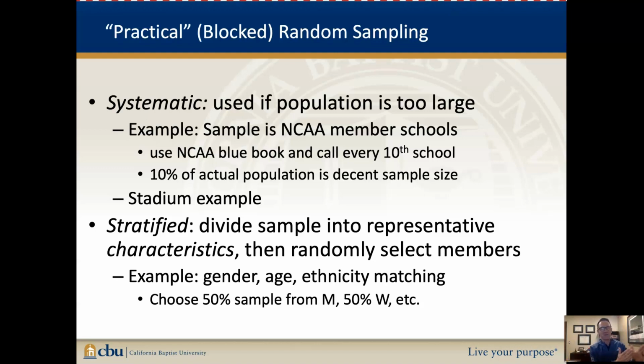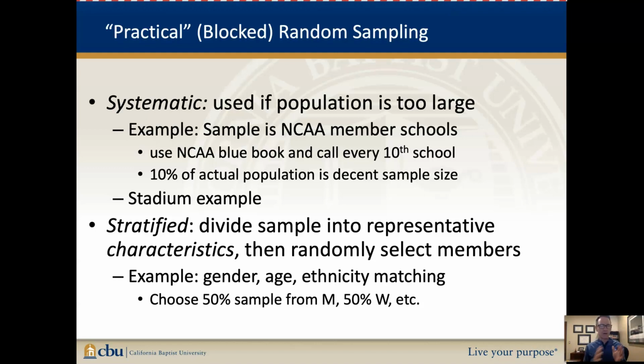You would make sure that whatever percentage you know exists in the population, you mirror that percentage in your sample. Or if it's men and women, if you know that 63% of student athletes in Southern California are women, then you would make sure that 63% of the participants in your sample were women as well. So you get the point.